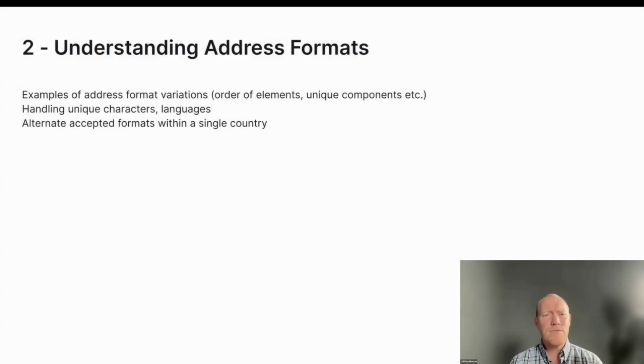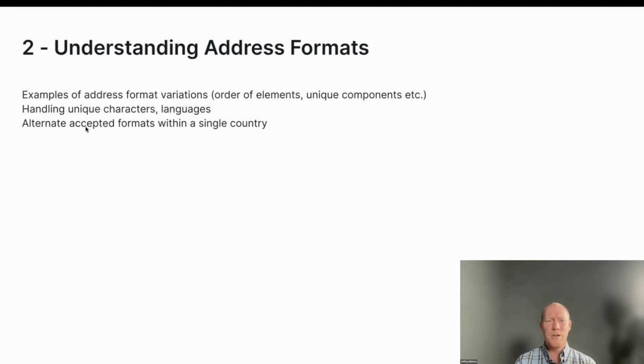So address formatting, the order that the address components should be put in, is different for different countries. I would boil it down to say there are about 25 broad address formats across the globe, and then there are nuances within that, especially handling things like the apartment number.